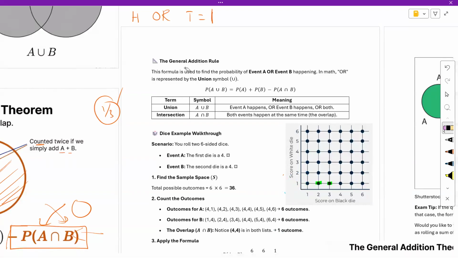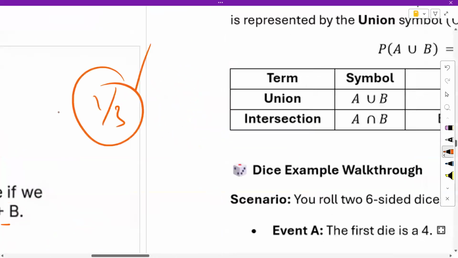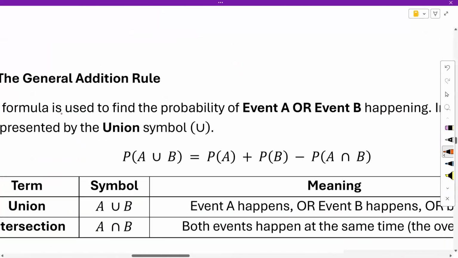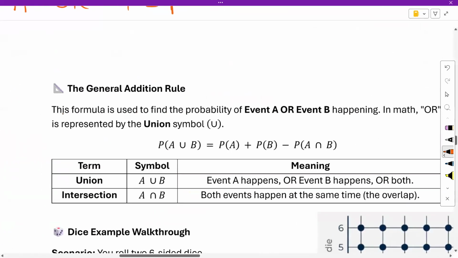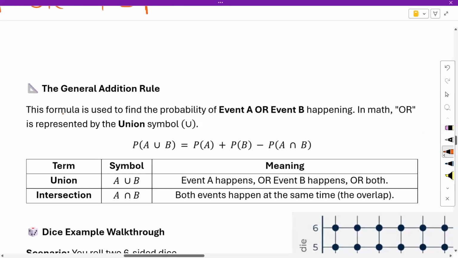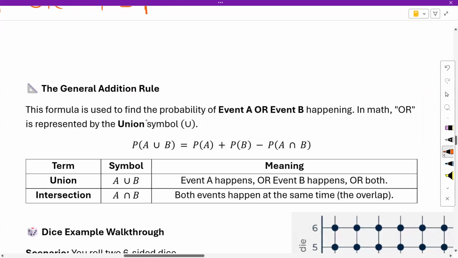Now, see this, read this question. The formula used to find the probability of event A or B, A union B, happening, in math 'or' is represented by the union symbol.